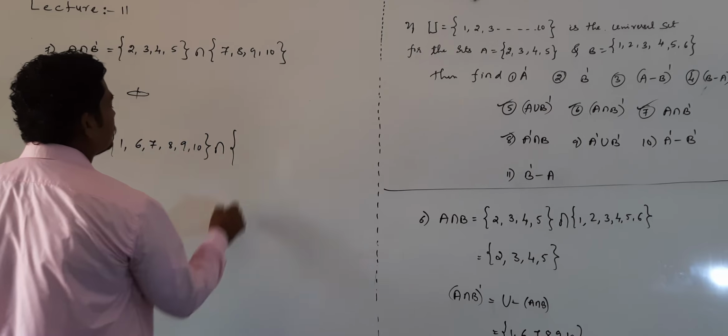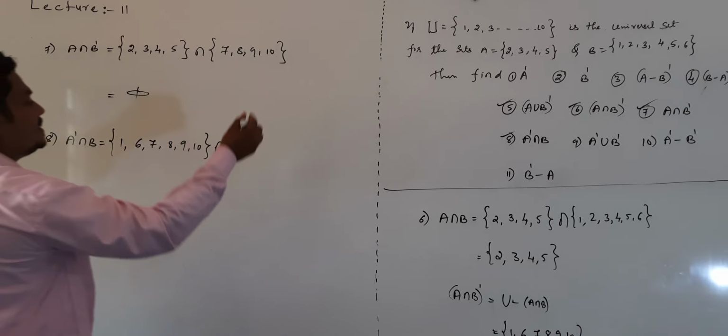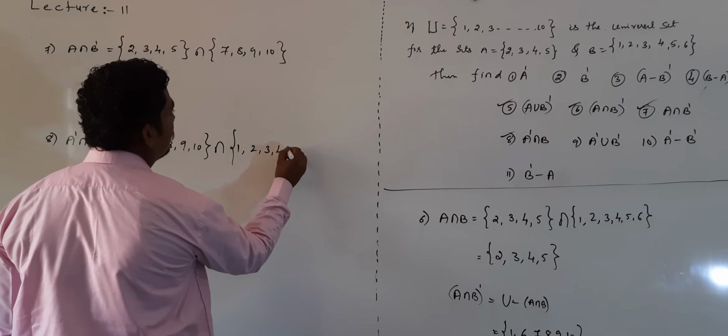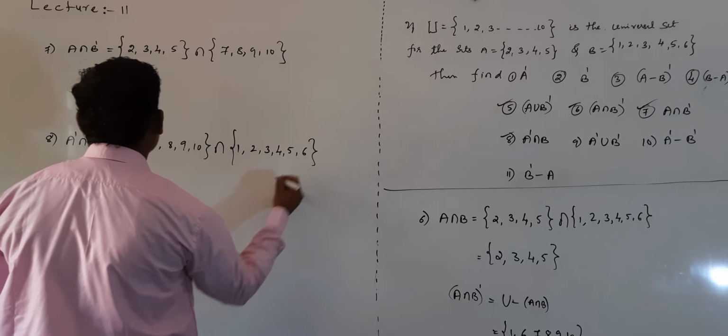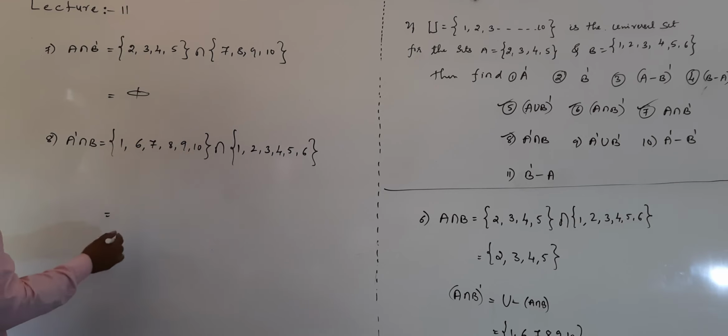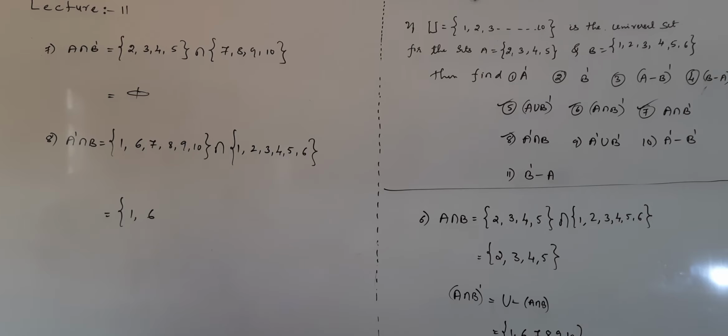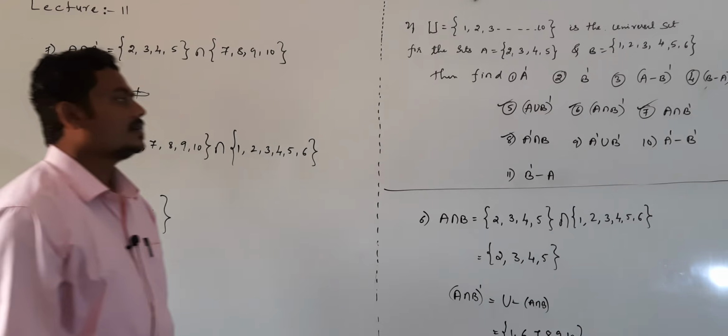Intersection B, already they have given set B, 1, 2, 3, 4, 5 and 6. Now take these two intersection. 1 is one of the common elements and 6 is another common element. This is our A complement intersection B.